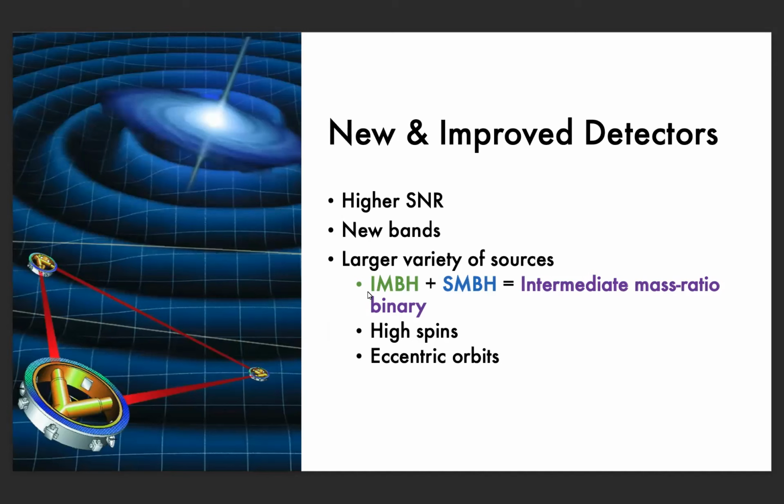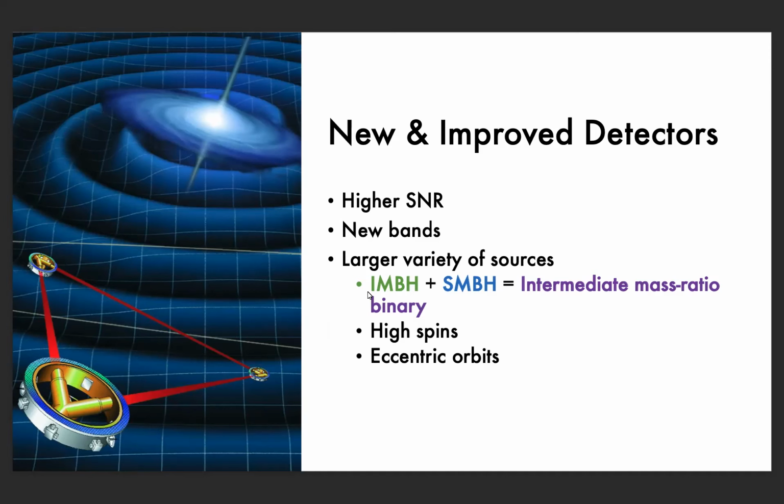As these detectors are improved and as new detectors come online, they're going to have higher signal to noise ratios. They'll be able to investigate a broader range of possible frequencies, and that will enable us to see a wider range of sources. Some of those that I'm particularly interested in are the intermediate mass ratio inspirals and binaries with high spins and eccentricities.